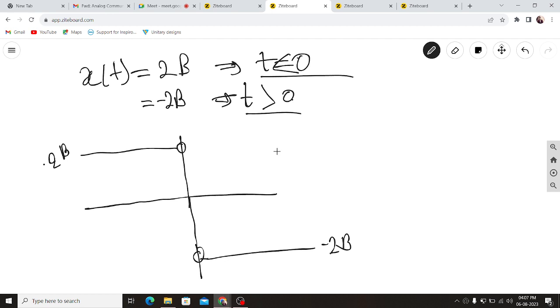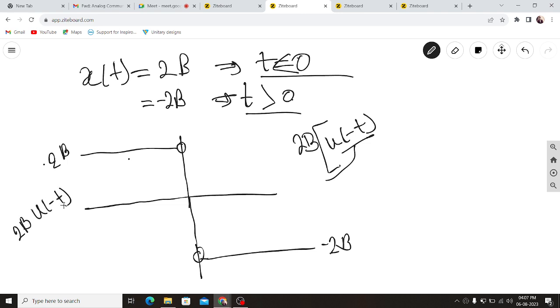So this function is equivalent to writing u of minus t, which is positive in this direction. This part is 2b u of minus t, and this part is minus 2b u of t.